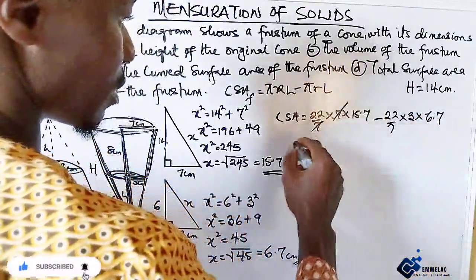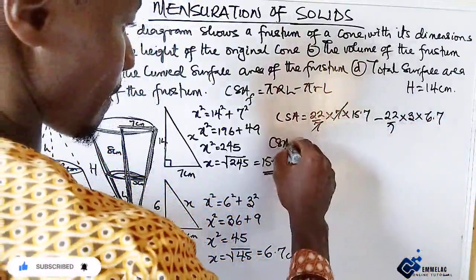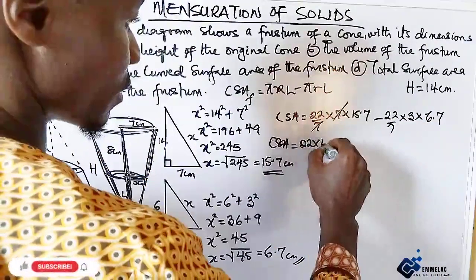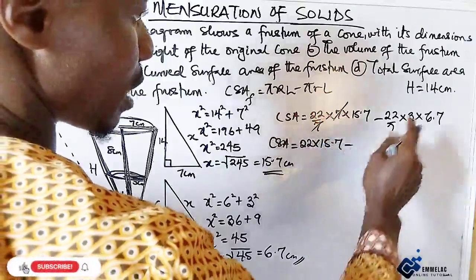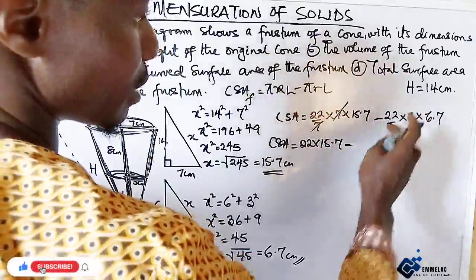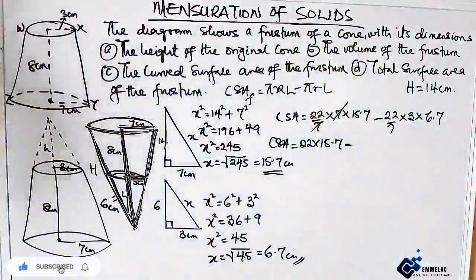This can cancel out this, so we are left with 22 times 15.7 times, okay, let me just multiply through.